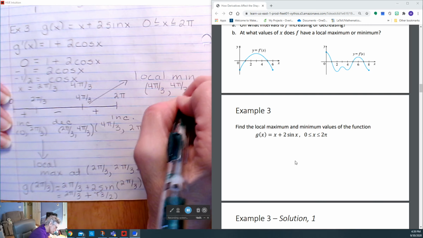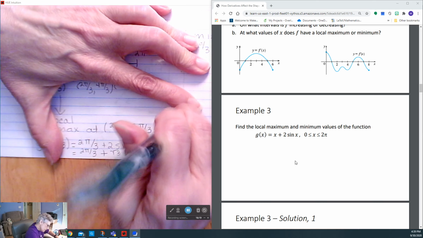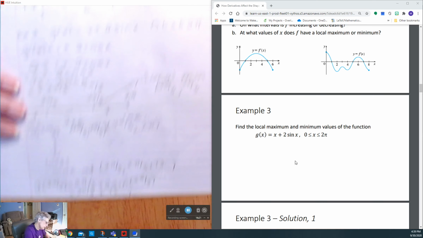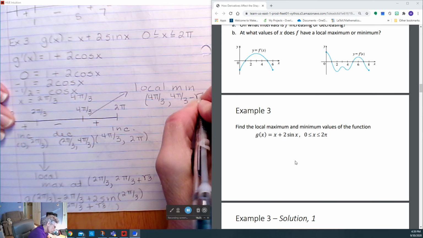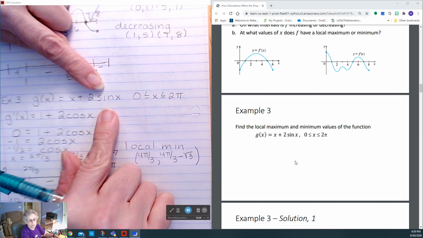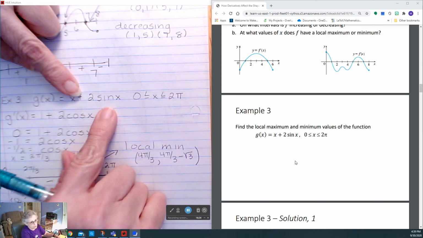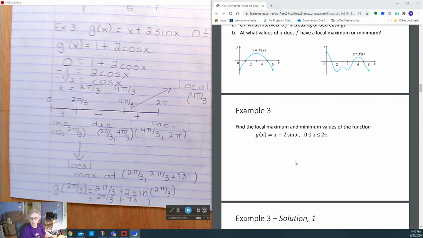Yes, I did. So that should have just been 2 times square root of 3 over 2. So that should just be square root of 3. And this will be 4 pi thirds minus square root of 3, because sine of 4 pi thirds is negative square root of 3 over 2. 2 times negative square root of 3 over 2, negative square root of 3.